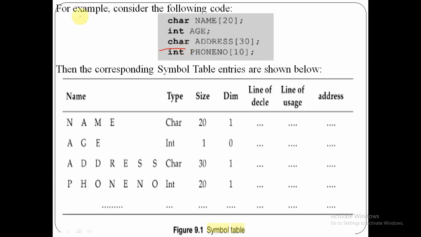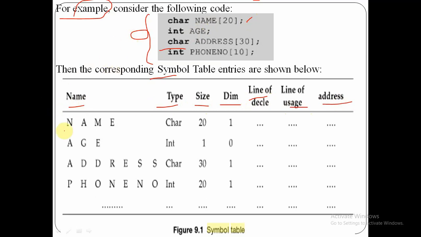For example, consider the following C language code. Here 4 variables are declared and the corresponding symbol table entries are shown below. The first variable is name of 20 characters. The symbol table contains columns: name, type, size, dimension, line of declaration, line of usage and address.